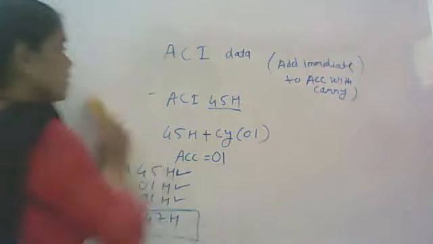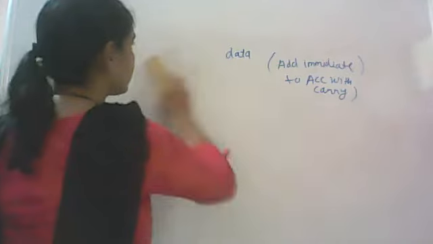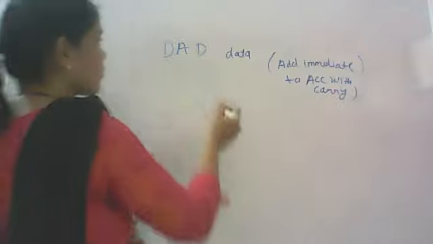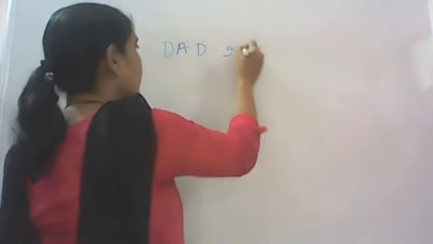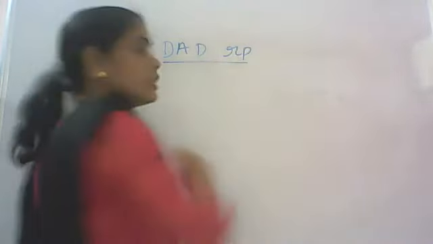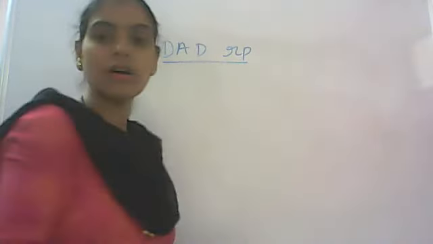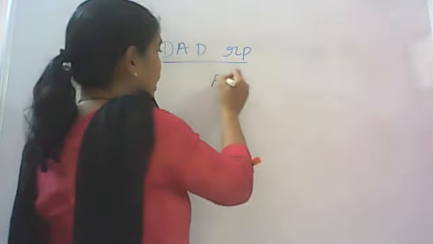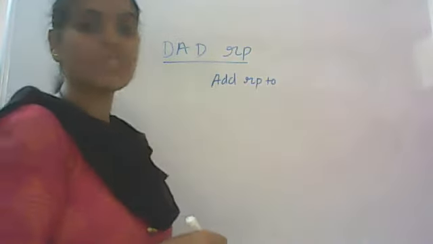Now see the next instruction, that is a DAD instruction. This DAD instruction operand is a register pair. Add register pair to HL pair.